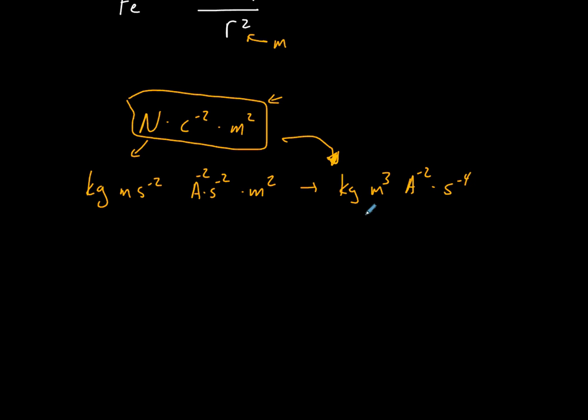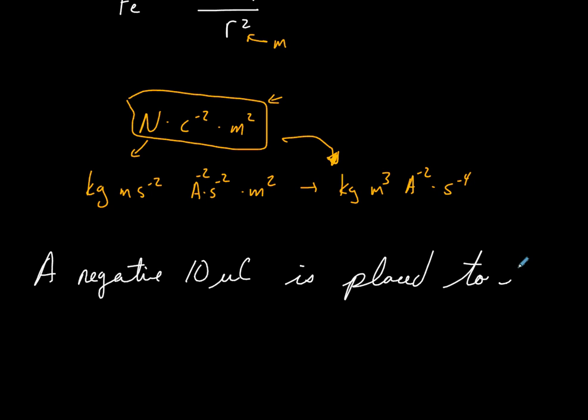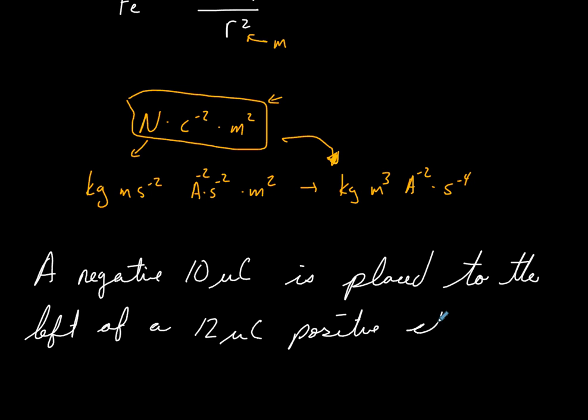So let's use it to solve a problem. A negative charge of, I'm going to say 10 microcoulombs, is placed to the left of a 12 microcoulomb positive charge.